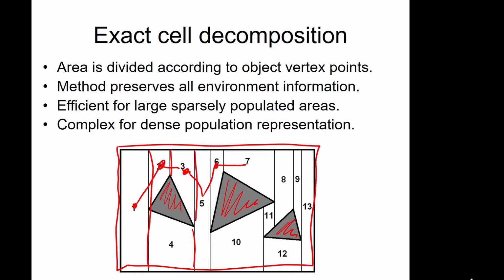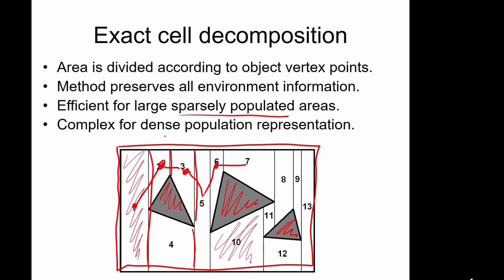You've got no non-homogeneous space defined, so everything's either defined as space or object. And it's very efficient at mapping large spaces. For example, we've got a large space here, which is just stored as one data point, a large space here, which is just stored as one data point. So in that respect, it's very good.